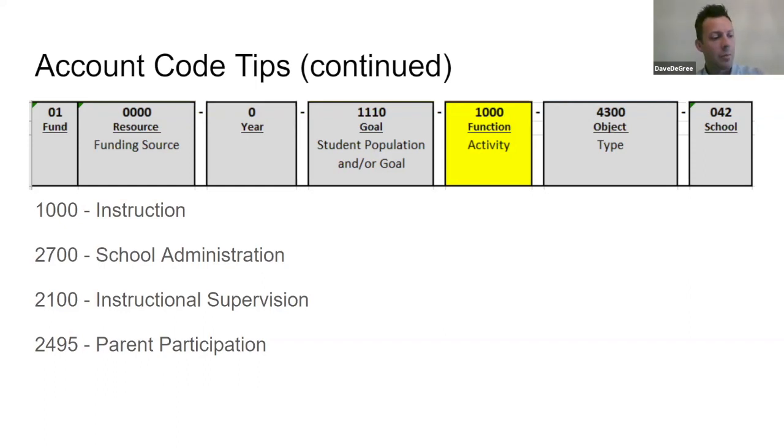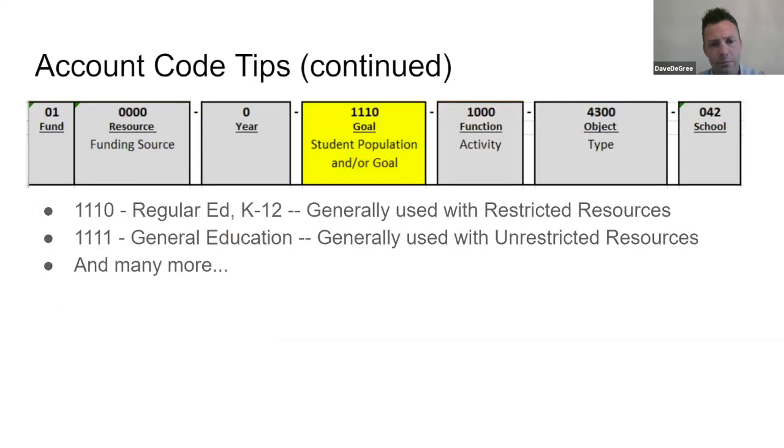Anytime you are involving parents in the education of their kids, we would want to use function 2495. And this is just a few. If you want a full list and a full description of what these codes are, the chart of accounts PDF version will go into depth into all this, and it's what we use daily.